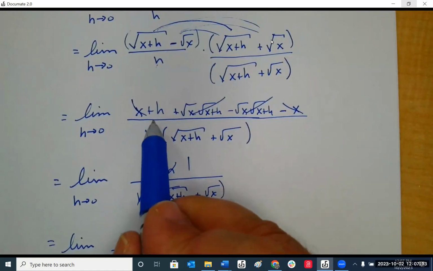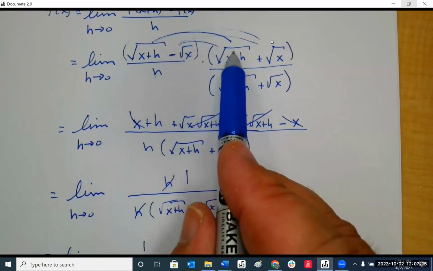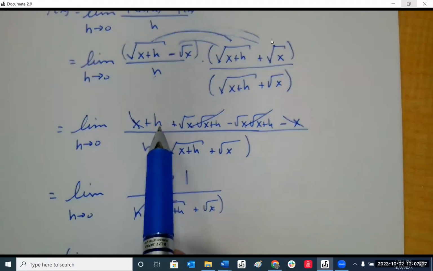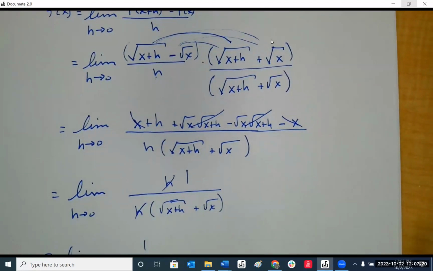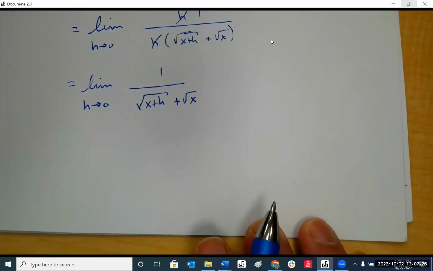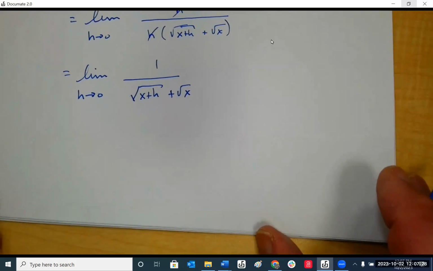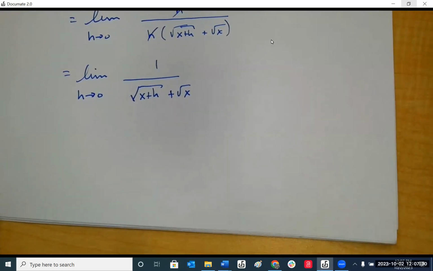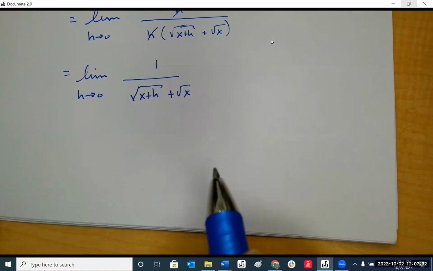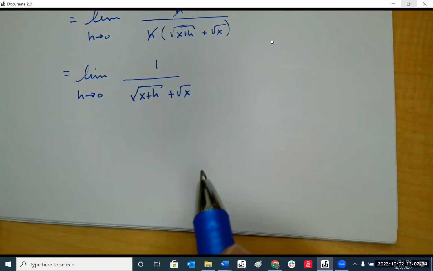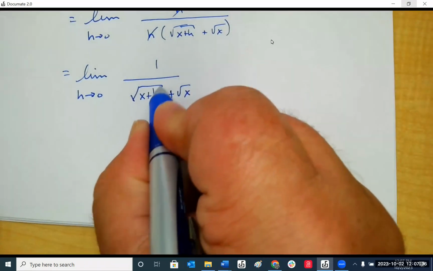No, because it was originally positive, x plus h times x plus h is positive. Oh, on the bottom, it should be positive, I'm sorry, yeah. I wasn't finished yet. Yes, it's positive. Good catch. Now what? Plug in zero, so that goes to zero.